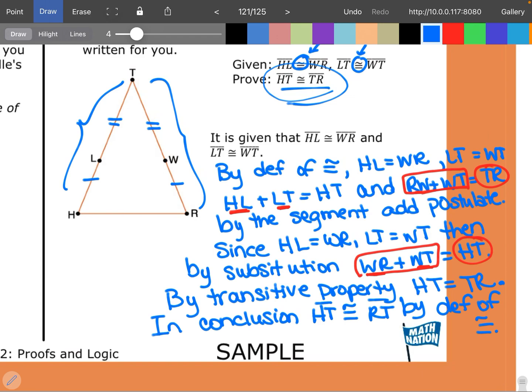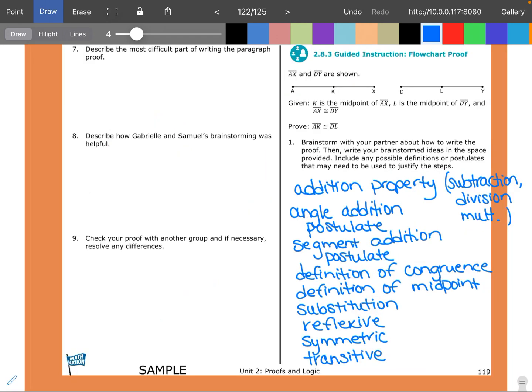All right, the next part of it is just kind of thinking to yourself, what was the most difficult part of writing the paragraph proof? Probably for me, it's starting from scratch and going all the way through. There's nothing really to guide you there. But if you go to number 8, how was Gabby and Samuel's brainstorming helpful? Well, it made you think about what postulates and theorems could apply to that.